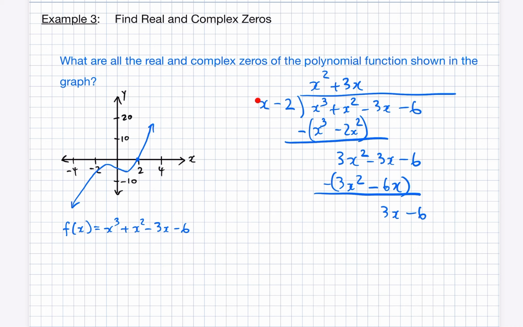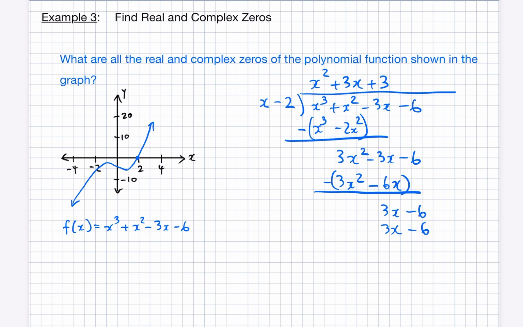And if we divide this x into 3x, we'd see that the balance would be a positive 3. So positive 3 times x is 3x, and 3 times negative 2 is negative 6. And when we subtract those, we see that the remainder is 0.